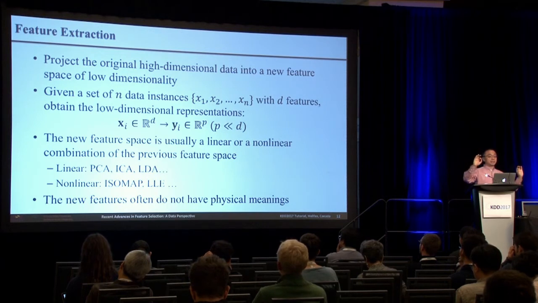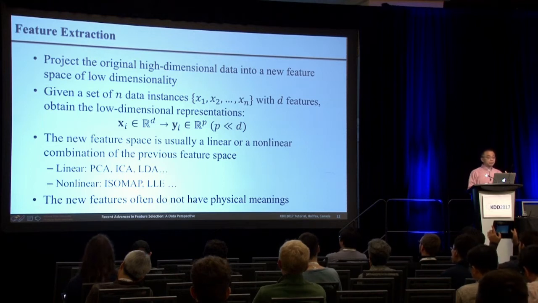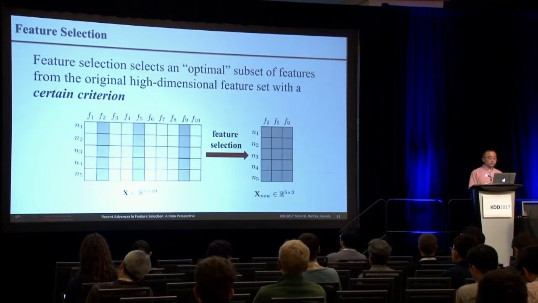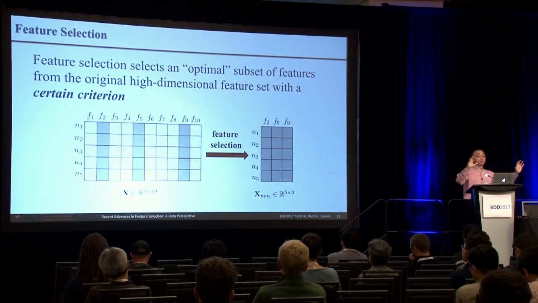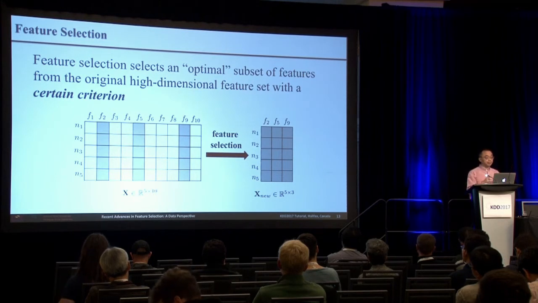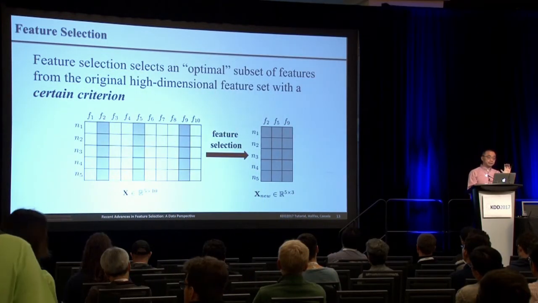This is the essence of feature extraction. The new features often do not have physical meanings, not very straightforward, because they are different feature spaces. For feature selection, we still reduce dimensionality, but before and after feature selection, the 2 spaces are the same. This is the key difference.